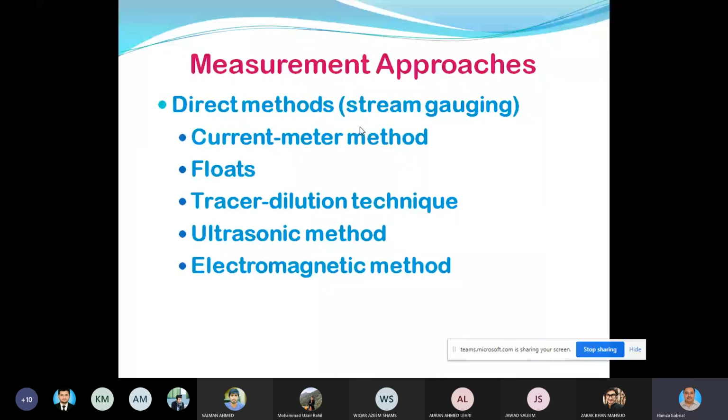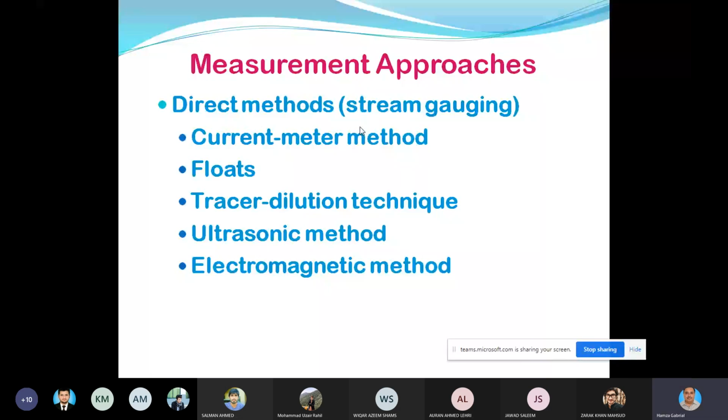Now coming to the direct methods. So in the direct methods, we measure the velocity. As we discussed in the first slide, one of the methods of measurement can be to measure the velocity.